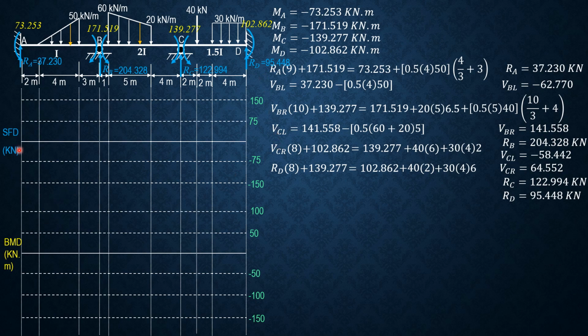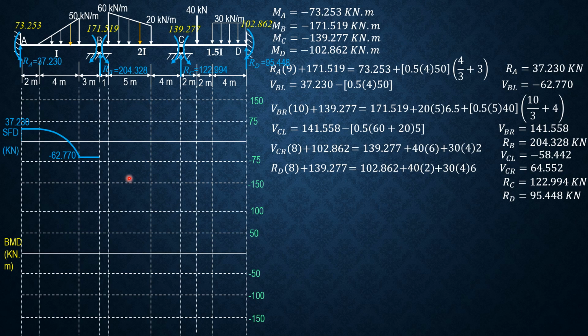From the shear force diagram, we rise 37.23, then constant up to this part, and minus the area of this loading, 37.23 minus 0.5 times 4 times 50, negative increasing. So the ordinate here becomes negative 62.77, then constant.